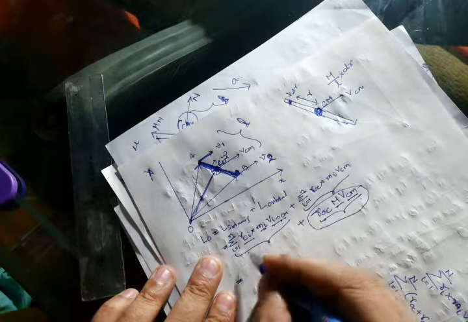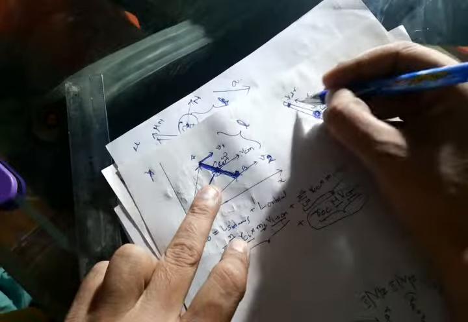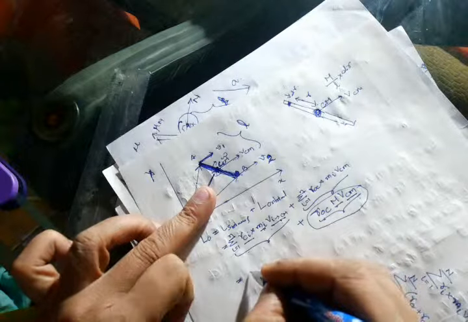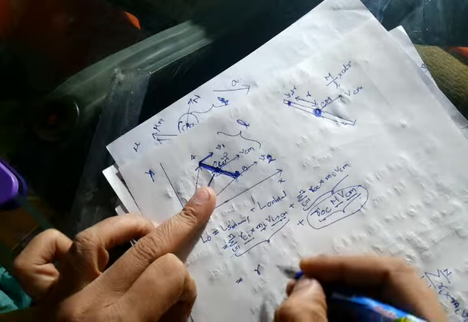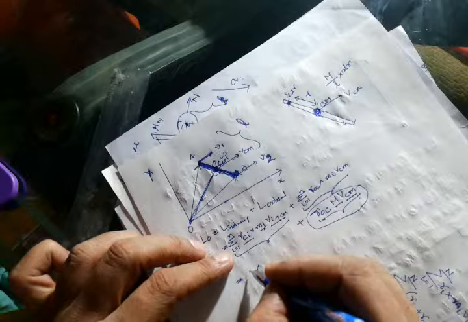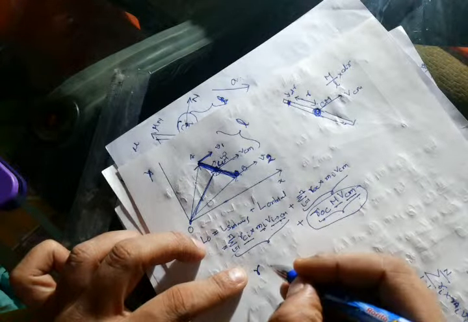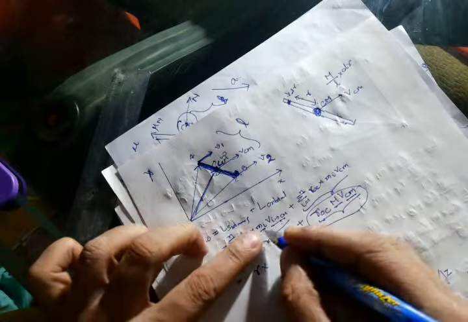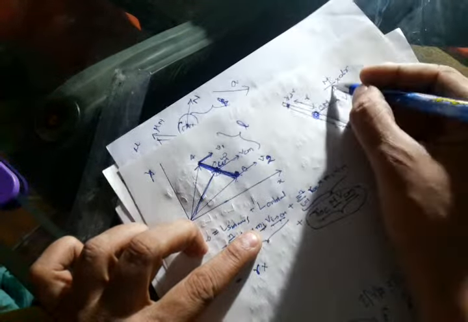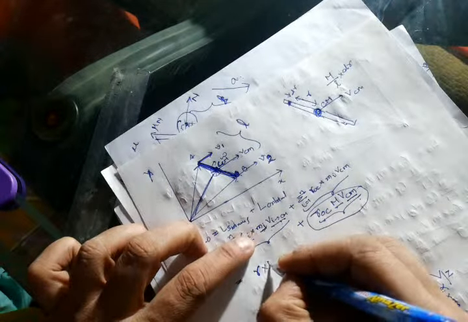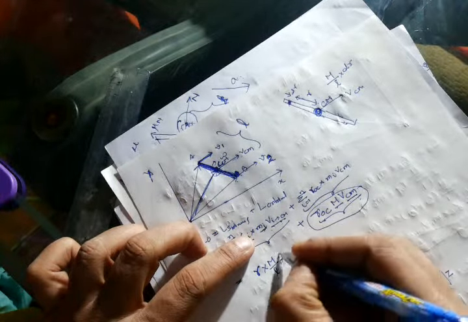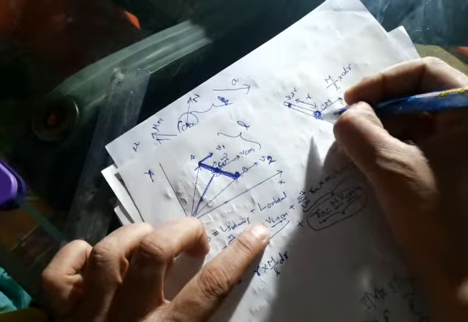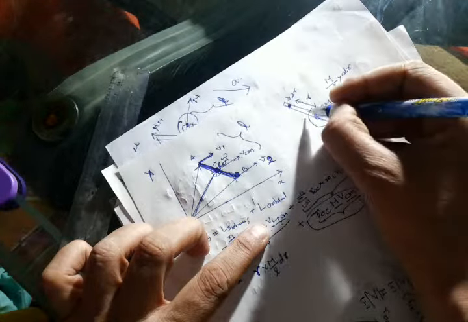So replacing it here, R_CI will be r here, and R_CI will be r here, and another this is m_i. m_i will be m by l dr. And suppose it's rotating with angular velocity omega.